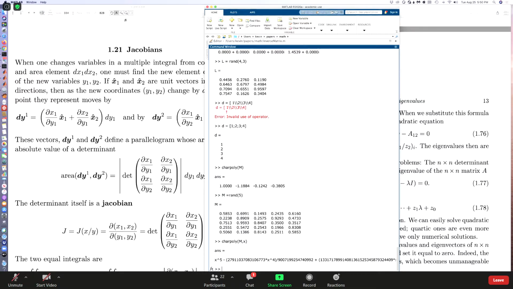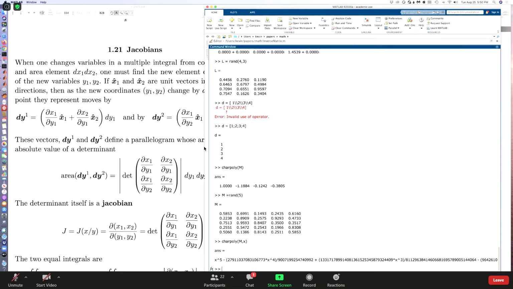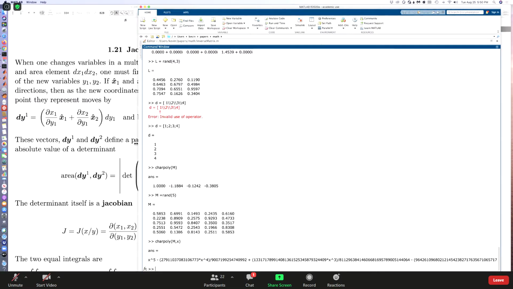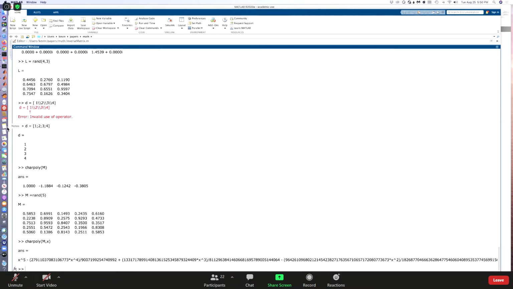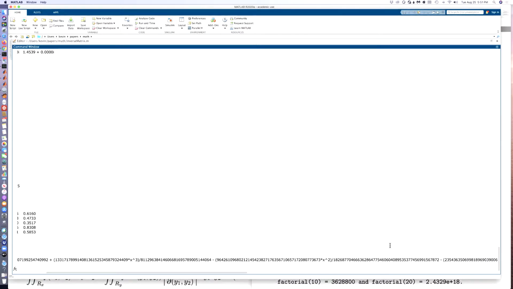Okay, so that is the characteristic polynomial: x to the 5th minus some huge number times x to the 4th divided by another huge number, plus a gigantic number times x cubed divided by a gigantic number, minus a humongous number times x squared divided by a humongous number.